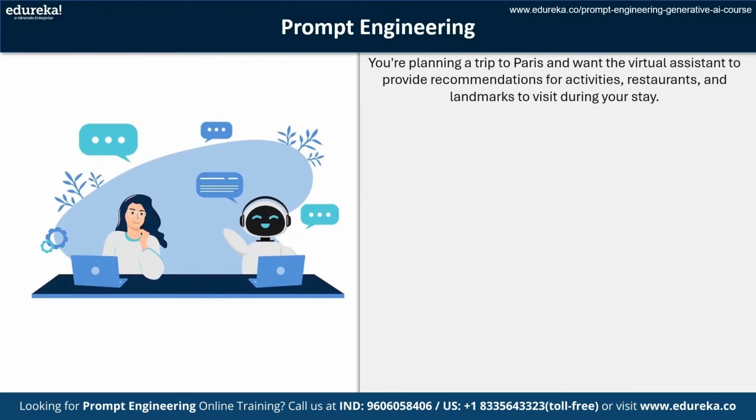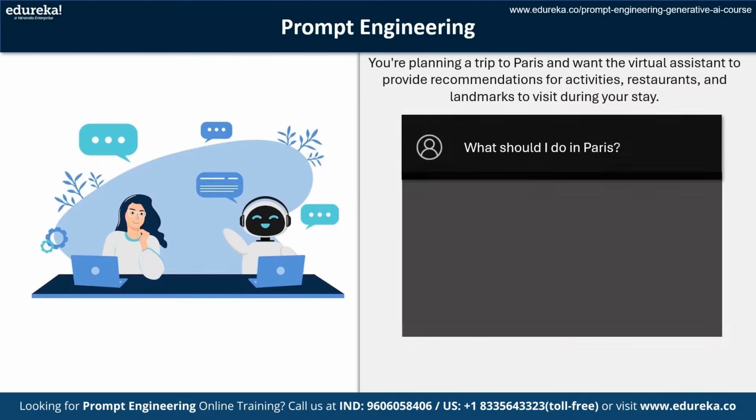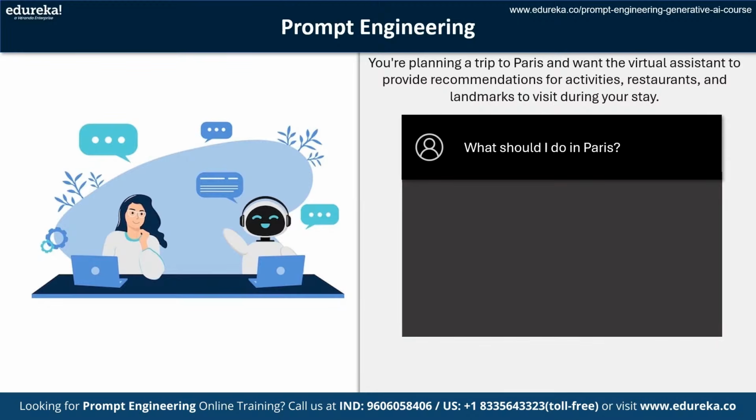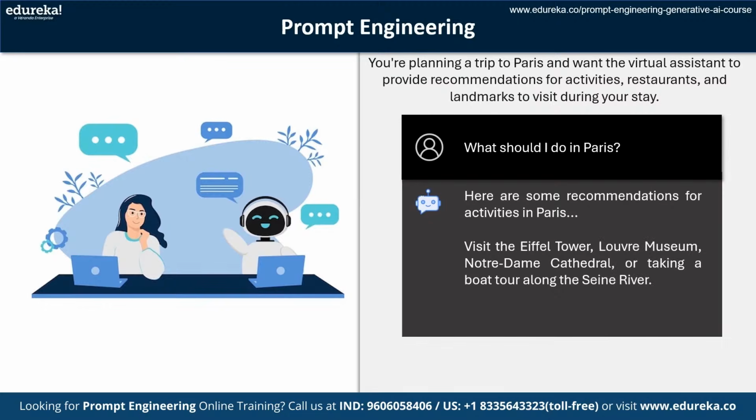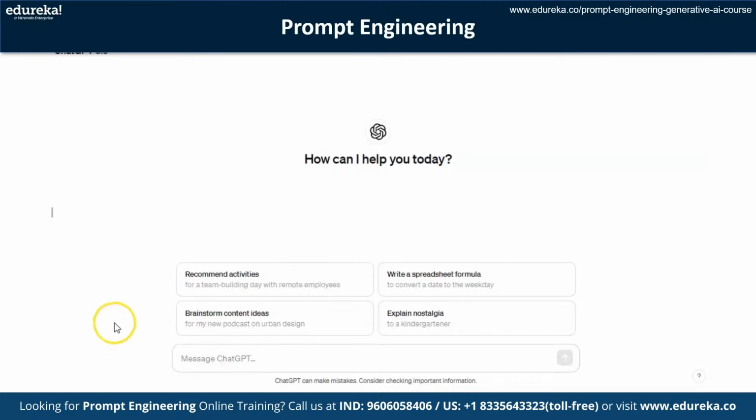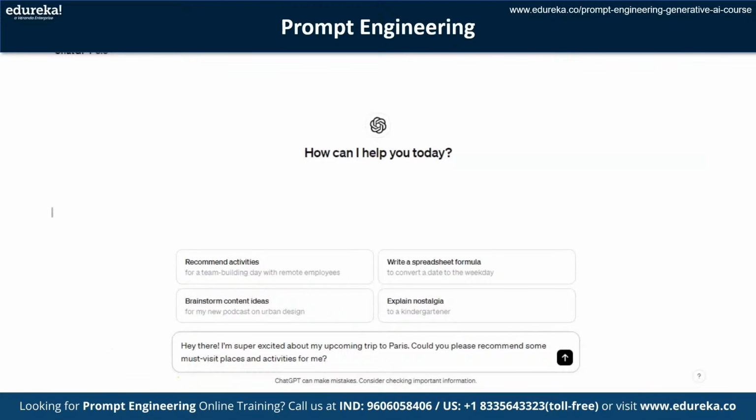So let's say you're looking for help with a traditional prompt and you ask, what should I do in Paris? And the virtual assistant will assist you here, like, here are some recommendations for activities in Paris. And here's how the enhanced prompt through prompt engineering responds to your queries. So if you input a query that goes like, hey there, I'm super excited about my upcoming trip to Paris. Could you please recommend some must-visit places and activities for me?